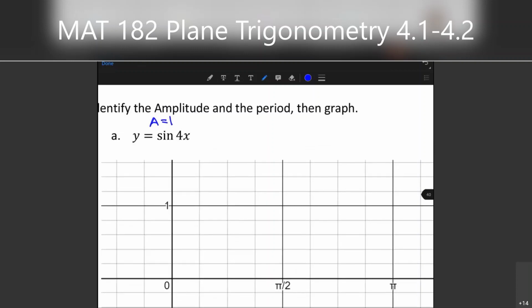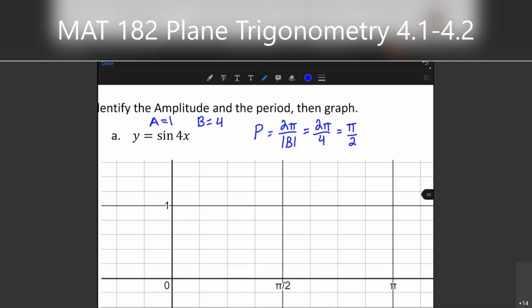But our b value here is equal to 4. Again, the period p is equal to 2 pi divided by the absolute value of b. So therefore, my period would be 2 pi over 4, or pi halves.